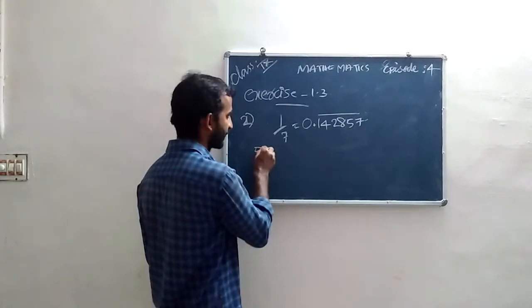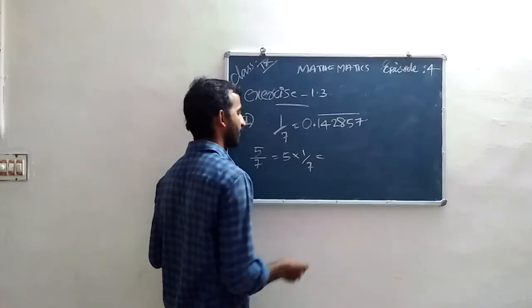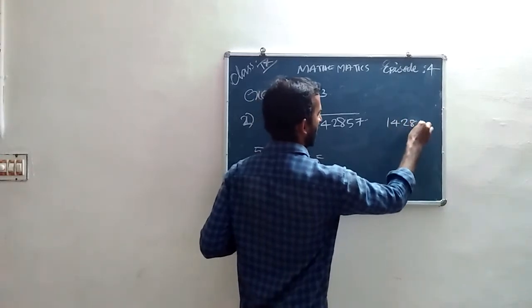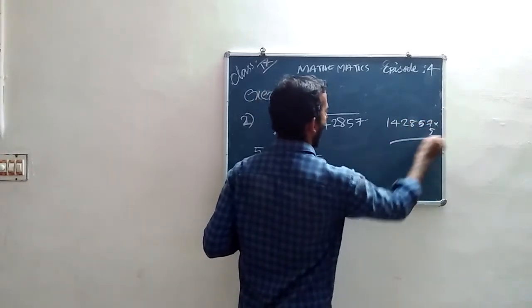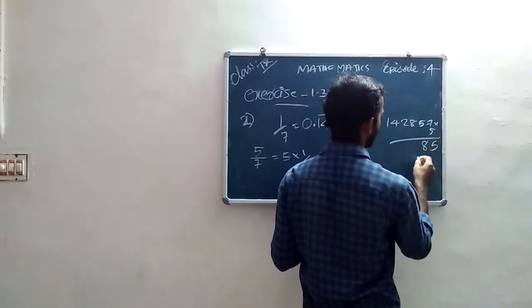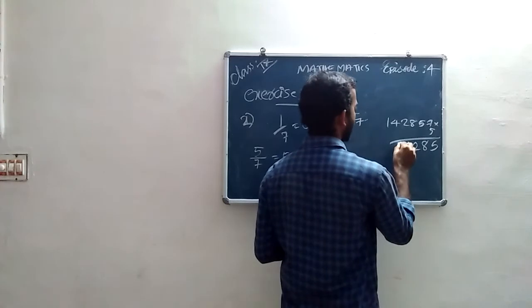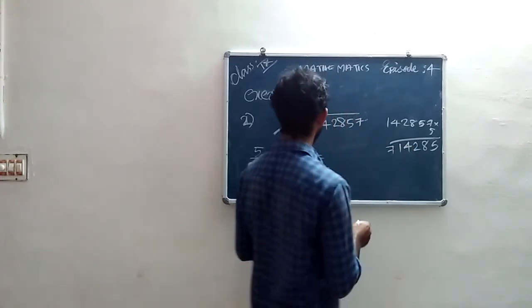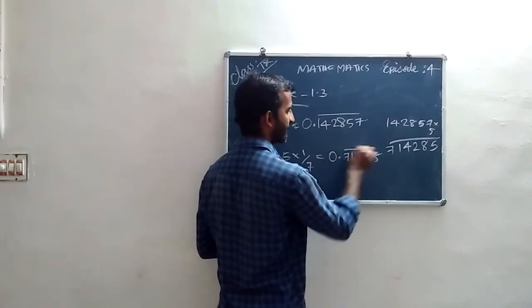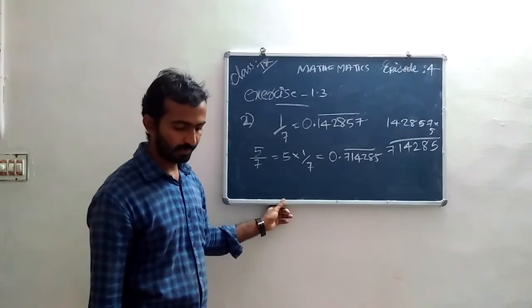5 by 7. 5 into 1 by 7 equal to... the answer is 5 into 7, 35, 3 carried, 1, 2, 1... The answer is 0.714285.